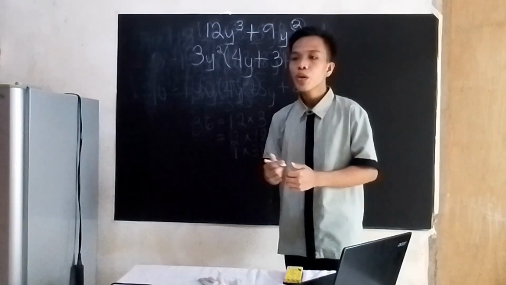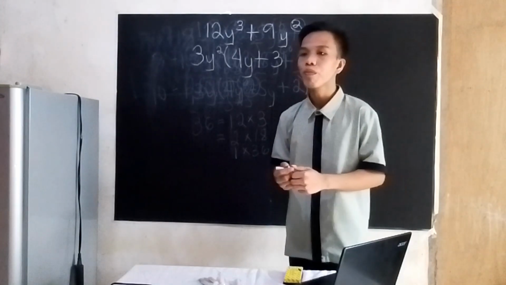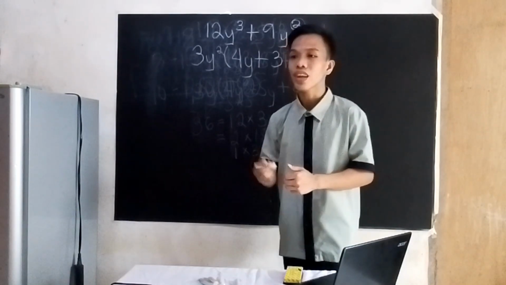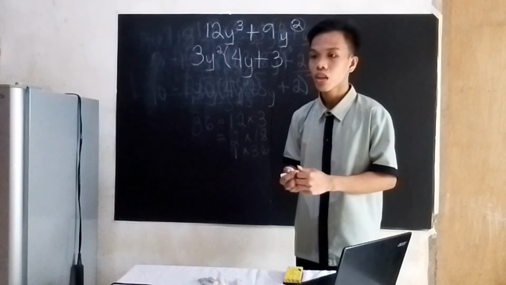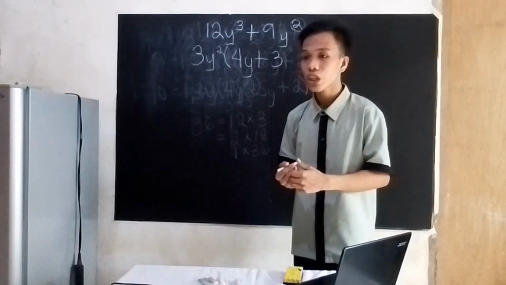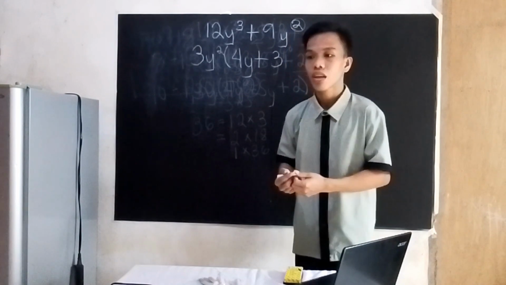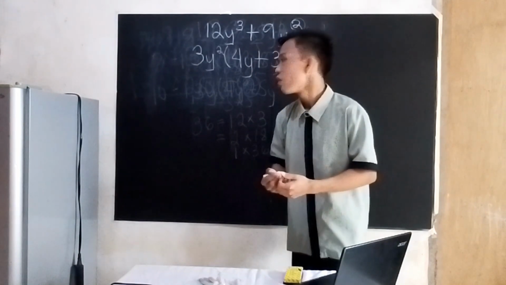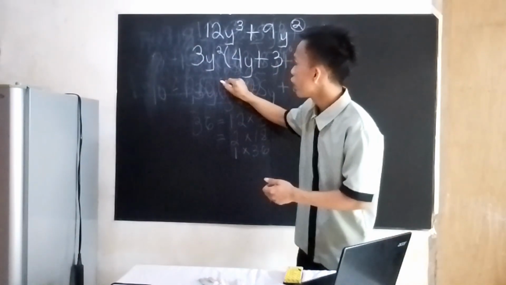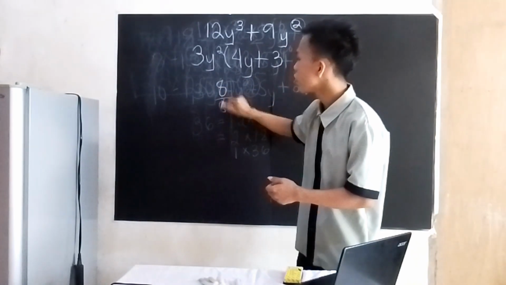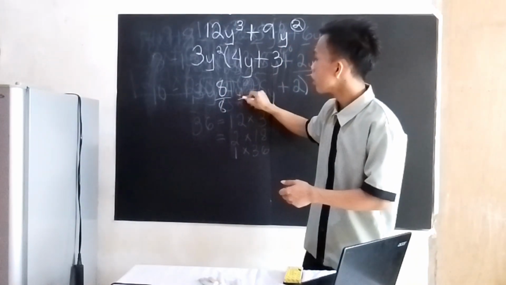Do you remember, when any number is divided by itself, the result is 1? Multiplication identity, reciprocal identities. For example, you have 8 over 8. That is 1. That's right.